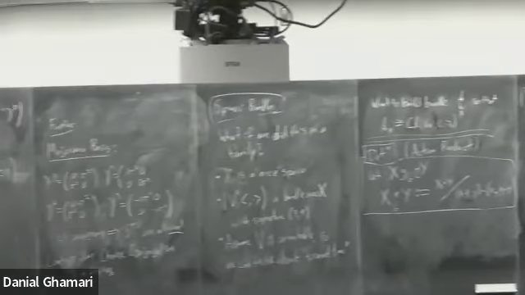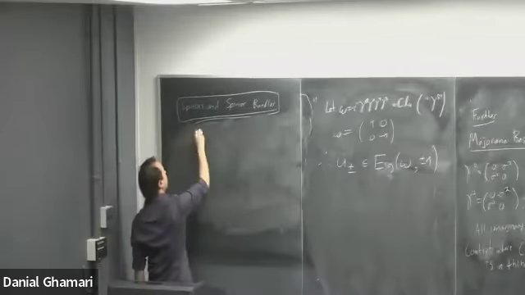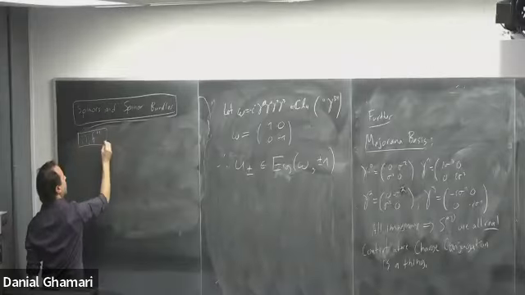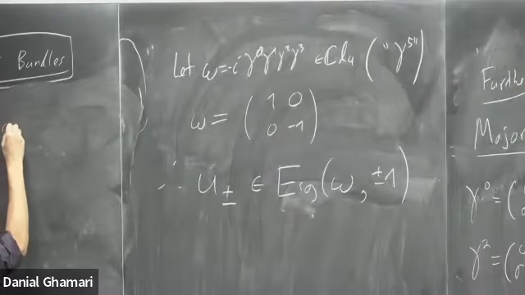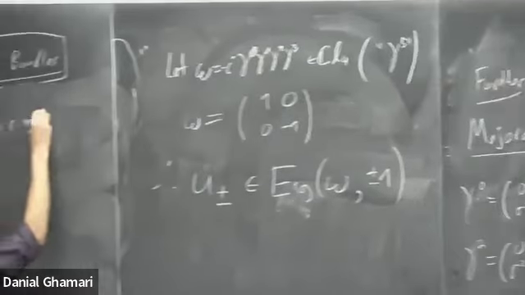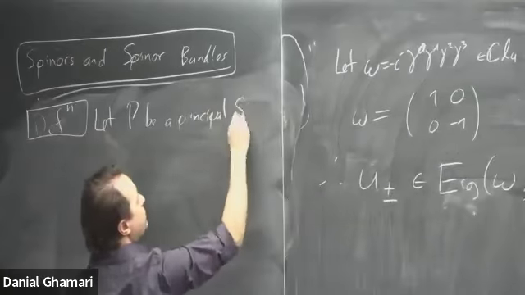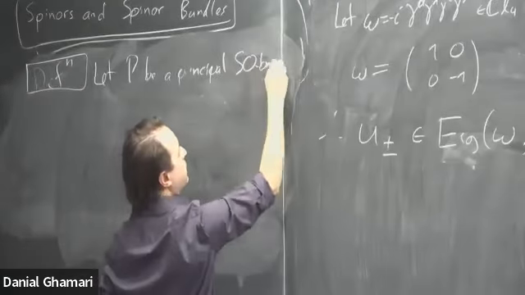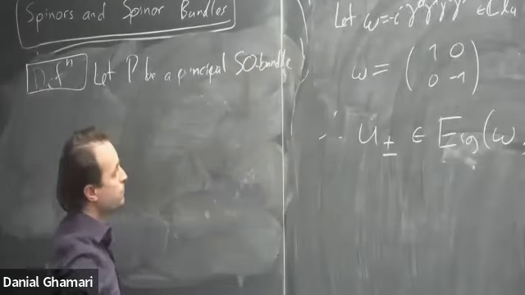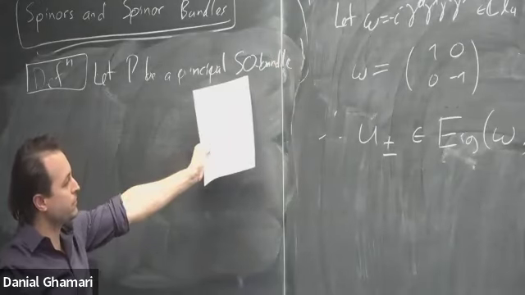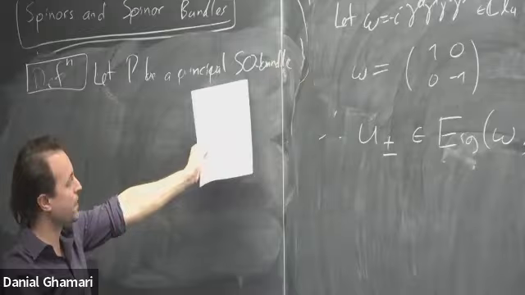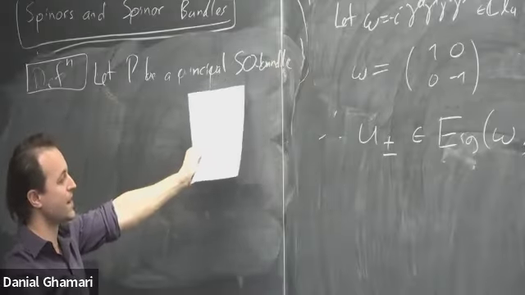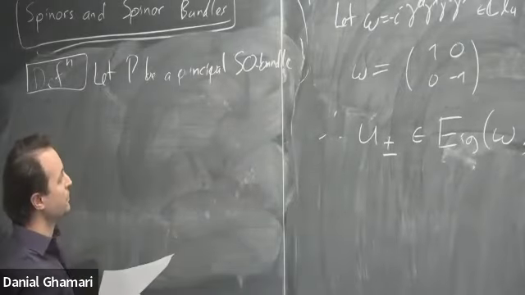Okay, so let's say definition. Let P be a principal SO bundle. I'm being abusive with my notation here. I don't want to write (3,1) all the time, but everything I'm about to say applies to every possible signature.